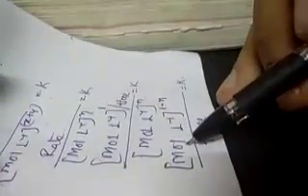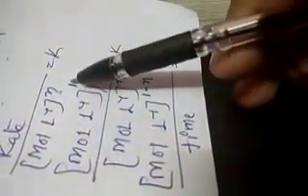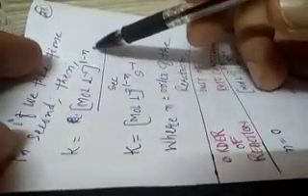That is how we can write mole per liter to the power 1 minus n per time, because n from the denominator goes to the numerator with power minus. Now if we take time in seconds, then the unit of K should be mole per liter to the power 1 minus n divided by second, that is mole per liter to the power 1 minus n second inverse.